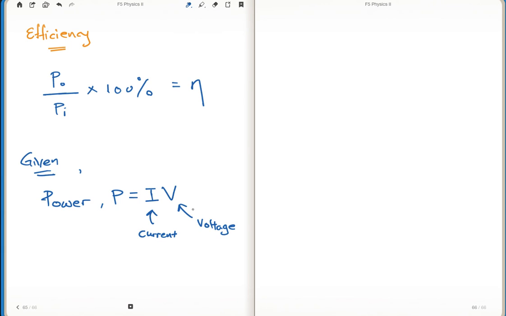Normally they will use the RMS value for calculation, and you need to identify whether it's input or output. Okay, maybe we'll go through one example.